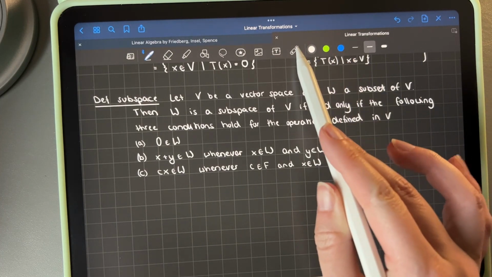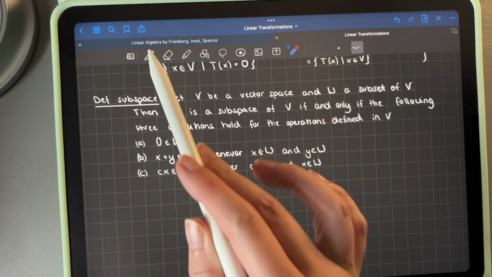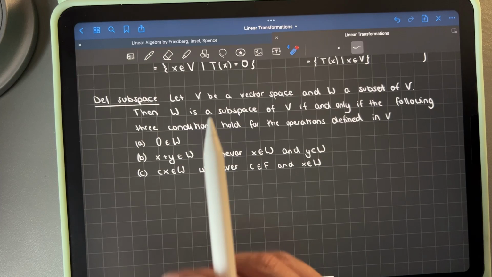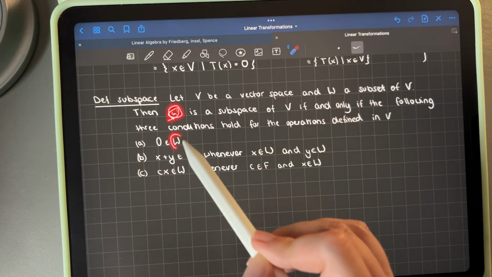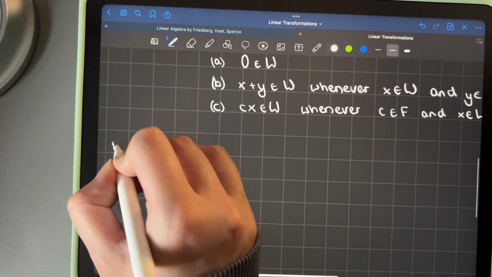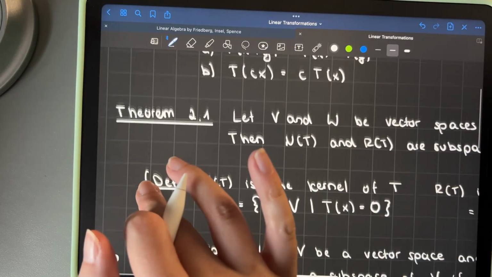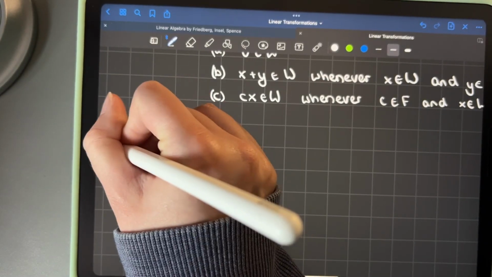Okay, so we need to prove these 3 conditions, and then we know that W in this case is a subspace. Let's start with the proof.